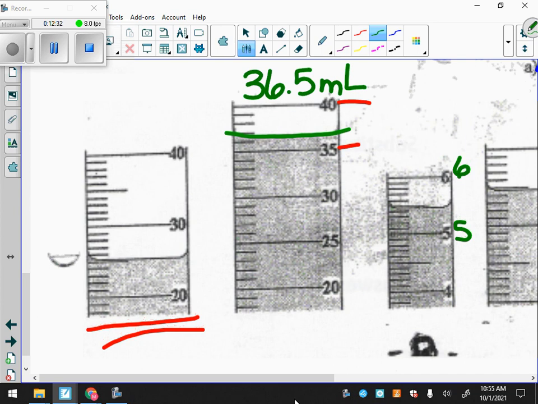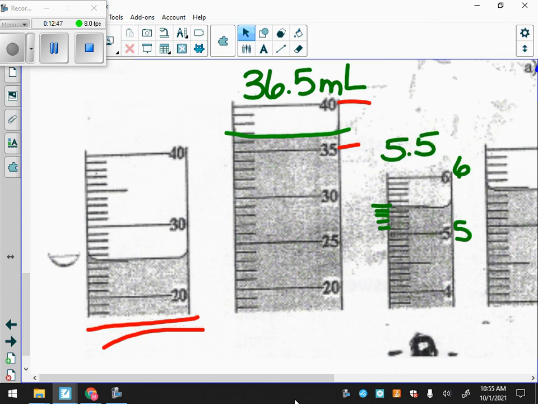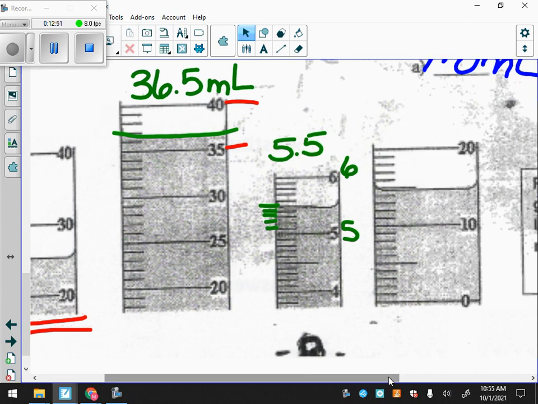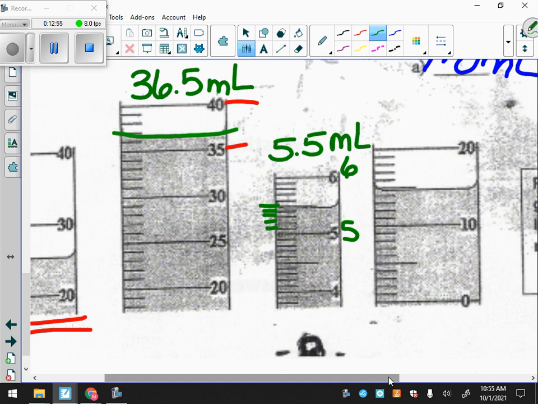So if this is 5, this is 5.1, 5.2, 5.3, 5.4, 5.5. What's my label, Gavin? Perfect. Little m, big L. All right, do this one by yourself.